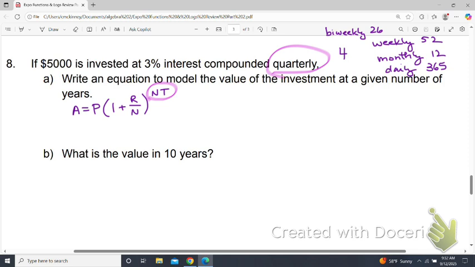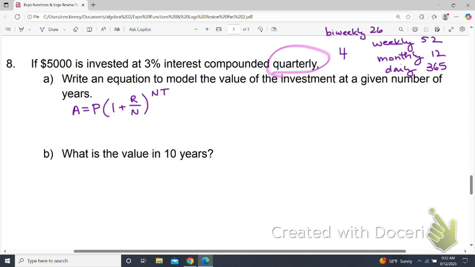So if it's 4 times a year for 10 years, there's 40 compounding periods. Anytime you're dividing the rate by this, you should also be multiplying the number of years by that same number. It's a little trade-off there. Each time they don't give you as much interest, but you get it more times, and it gets compounded more frequently. The more frequent compounding is going to result in more money, more interest.